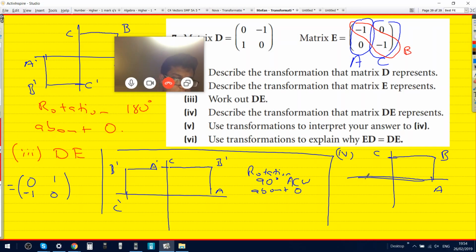So that's a rotation clockwise about the origin, 90 degrees, I believe. So that's DE, is it? Yes. Let me just check. 0, minus 1, 1, 0.